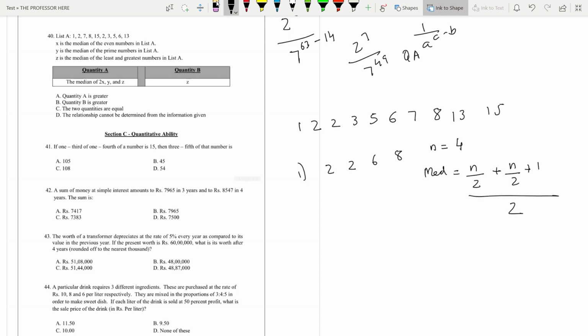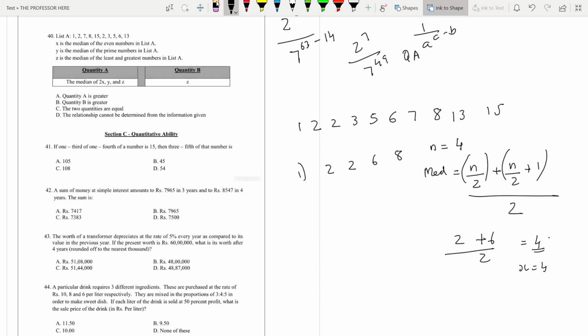So n by 2 means 4 by 2, which is 2, and 2 plus 1 is 3. So second and third position, that is 2 plus 6 divided by 2 is equal to 8 by 2, which is equal to 4. So our first value, that is x, is equal to 4.